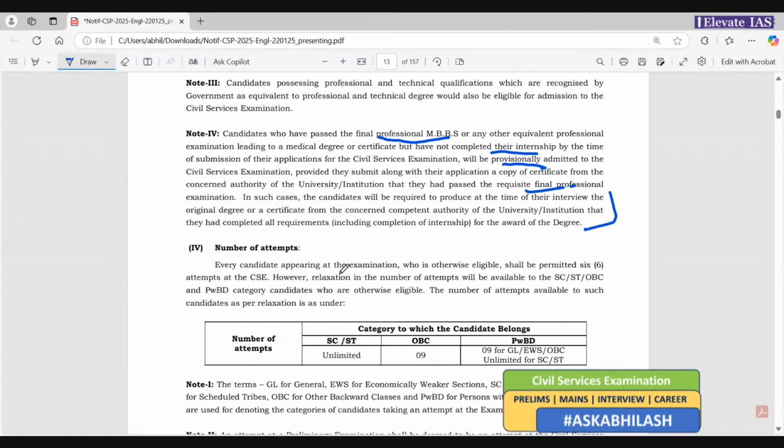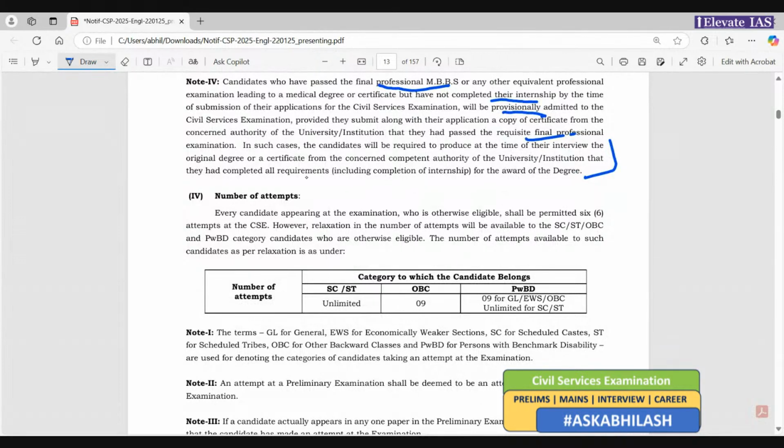Now comes the number of attempts. एलिजिबिलिटी हमने एज की कर ली, हमने डिग्री की कर ली, अब आता है नंबर ऑफ अटेम्प्ट्स। So every candidate appearing who is eligible shall be permitted six attempts at the civil service examination, but there are relaxations for SC, ST, OBC and physically with benchmark disability candidates.